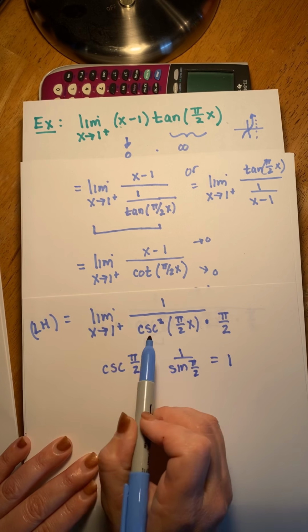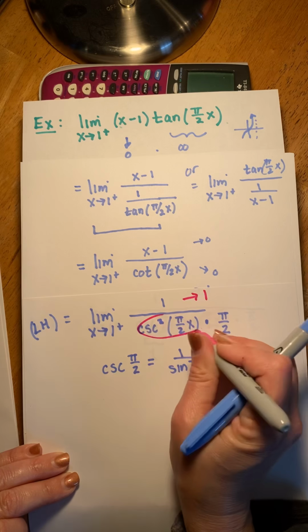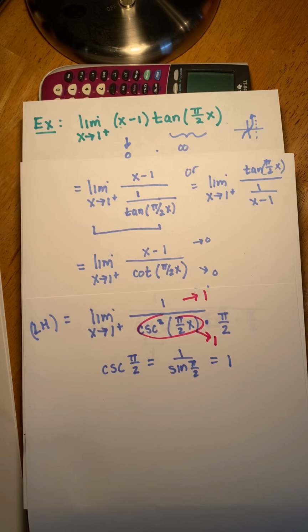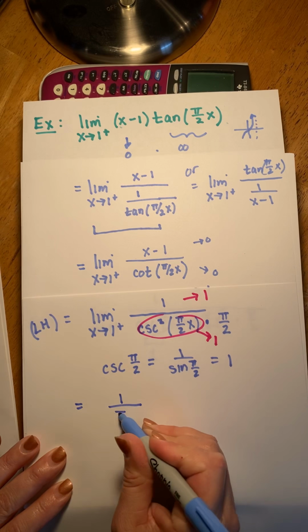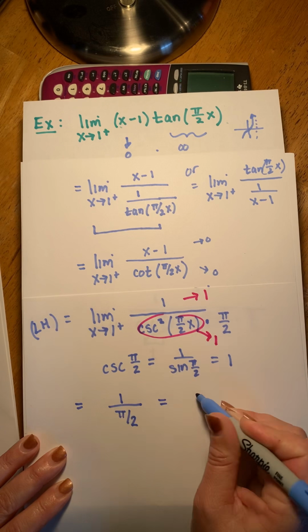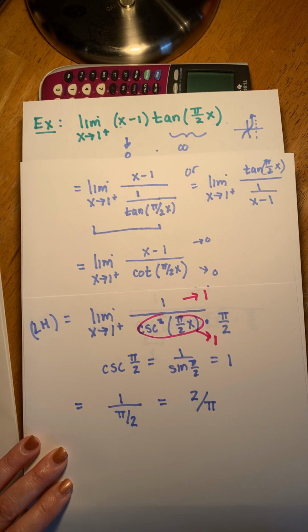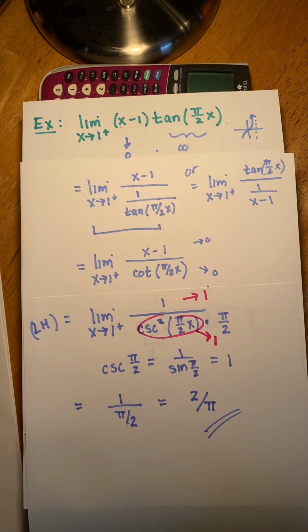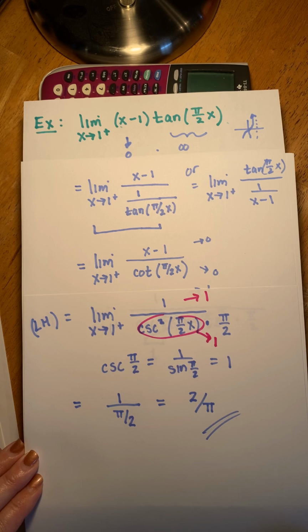So as x gets closer and closer to 1, this all goes to 1. And then this is going to be 1 over pi over 2, which is equal to 2 over pi. 1 divided by a fraction is the same as 1 times the reciprocal. There we go. I apologize for that. So here, 0 times infinity comes out to be 2 divided by pi.